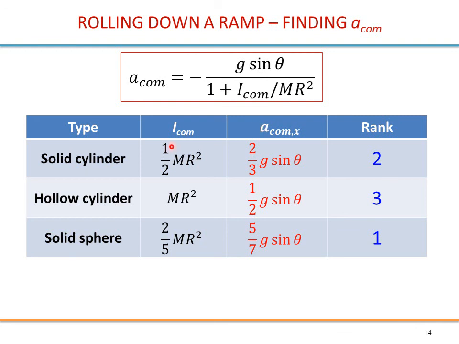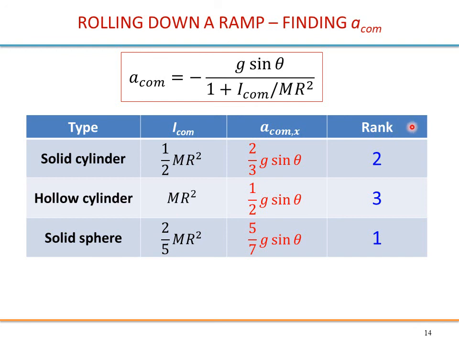So if we replace this in this expression, we get the acceleration of the center of mass, and our acceleration here does not depend on the mass of the object as for the block, but there is this number here that comes directly from the rotational inertia. So rotational inertia is important in this case.